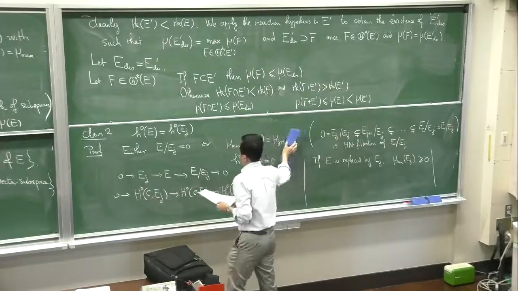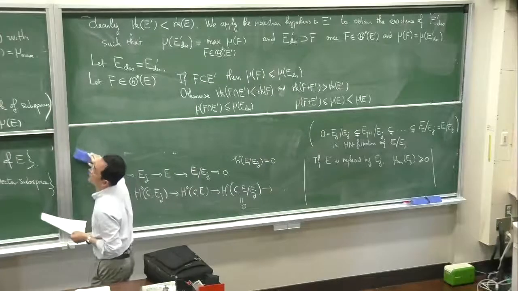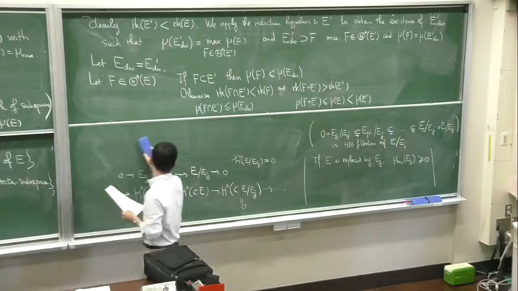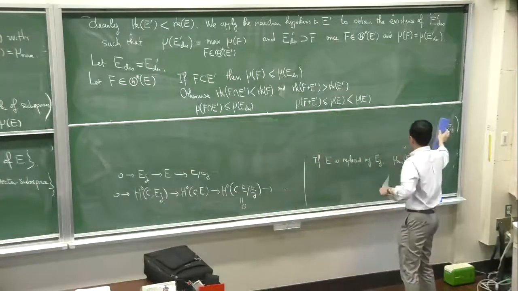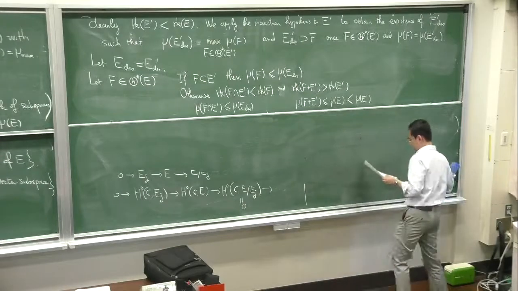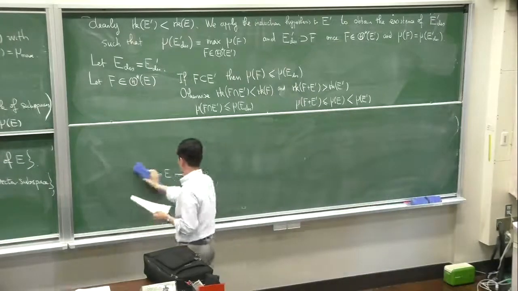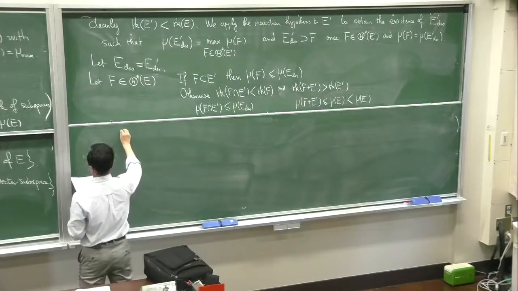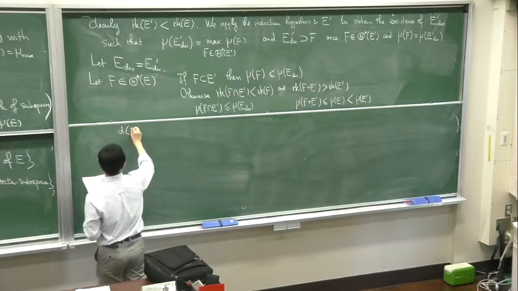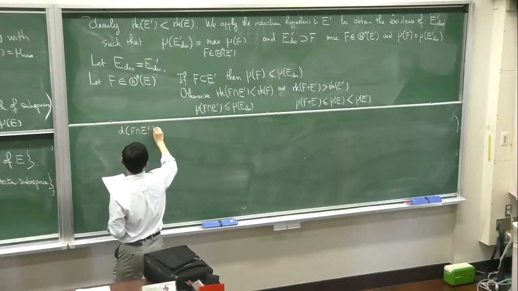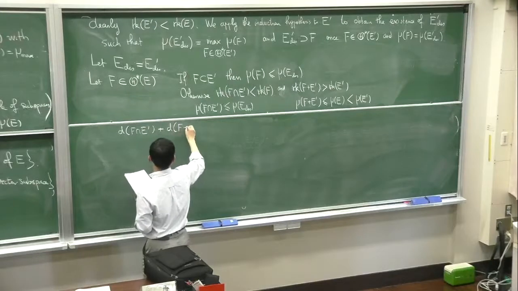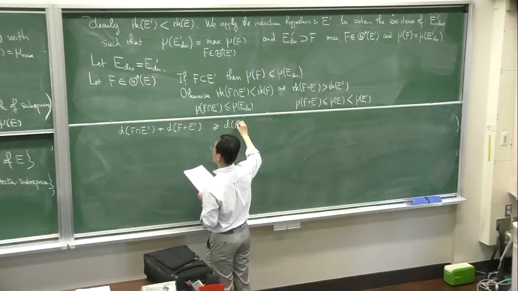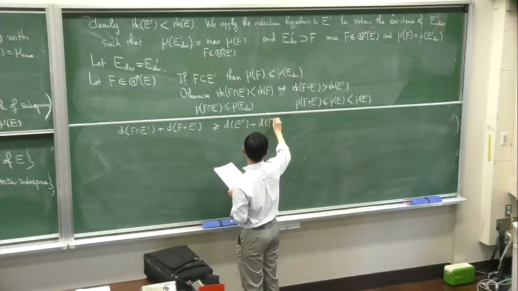Now we put all these estimates together. So you have the degree of f intersection with E prime plus the degree of f plus E prime is bounded from below by the degree of E prime plus the degree of f.